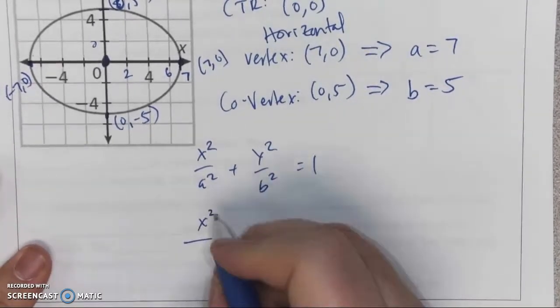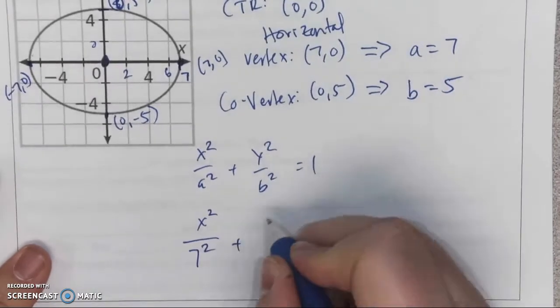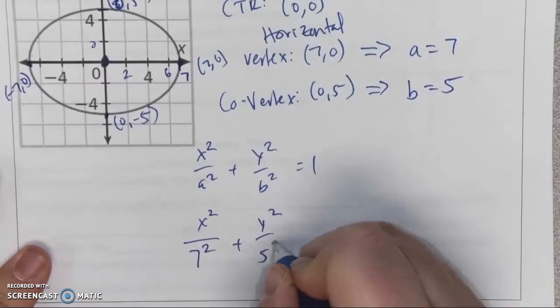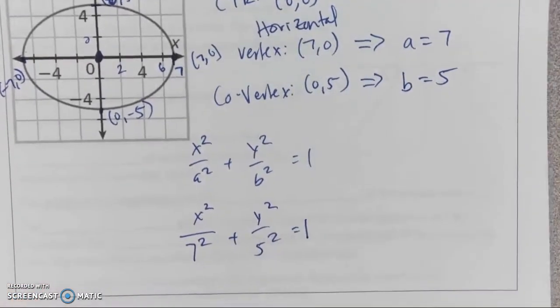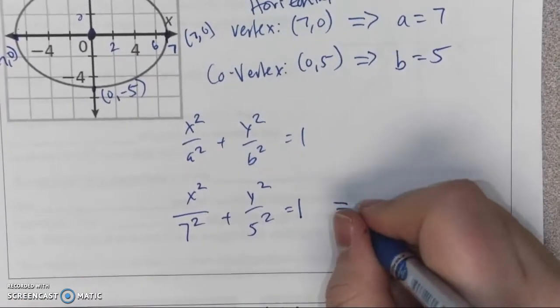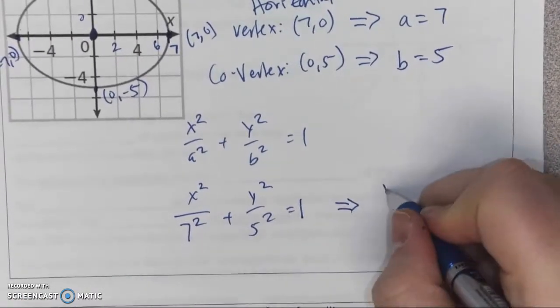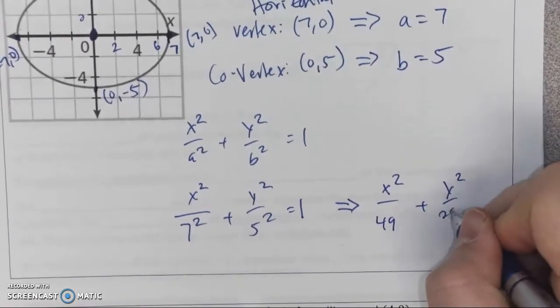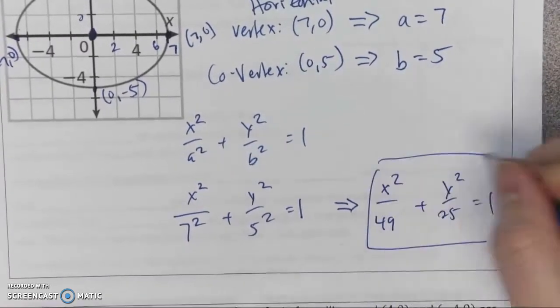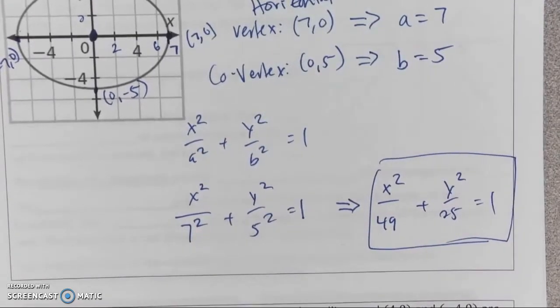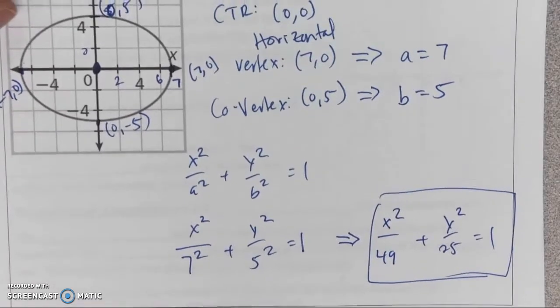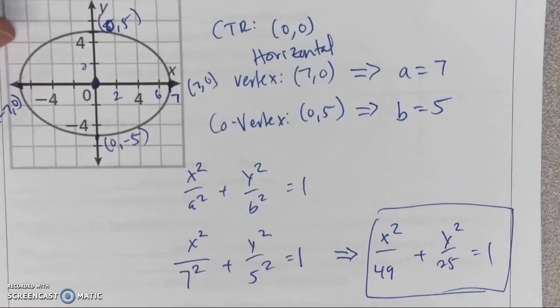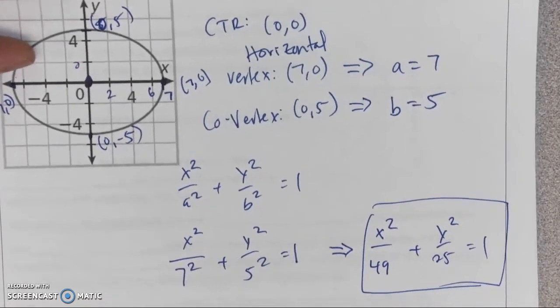So it's going to be x squared over 7 squared plus y squared over 5 squared equals 1. And this means that I have x squared over 49 plus y squared over 25 equals 1. That's just simplifying the equation of your ellipse. So your equation will be x squared over 49 plus y squared over 25 equals 1.